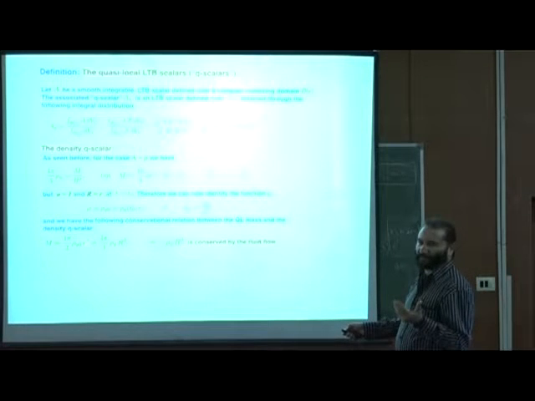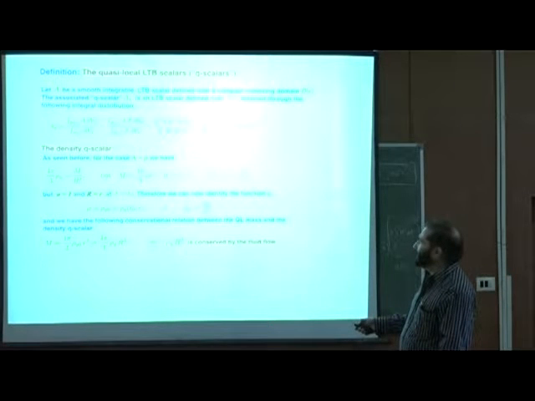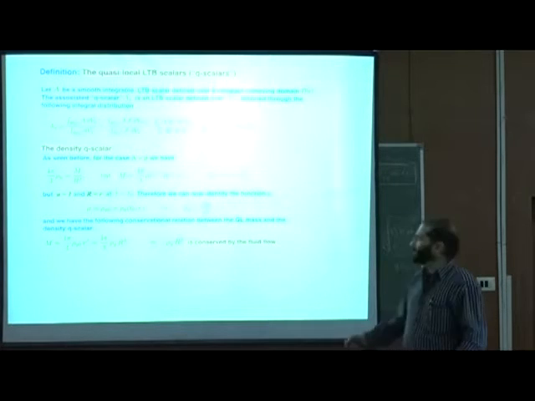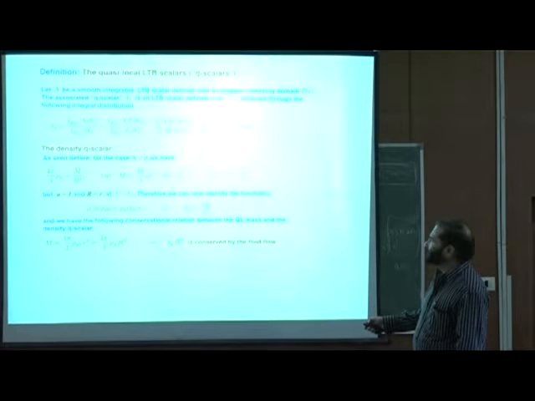We've derived it. So what we have is that rho q times r cubed is conserved by the fluid flow. Even though rho q depends on time and r cubed depends on time, the product of them is independent of time.